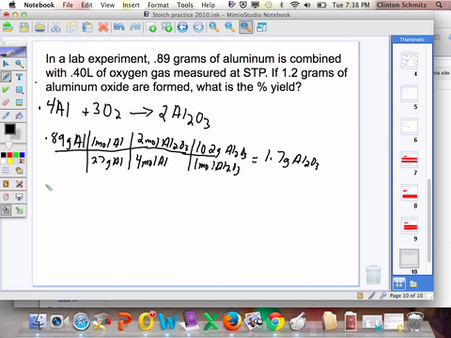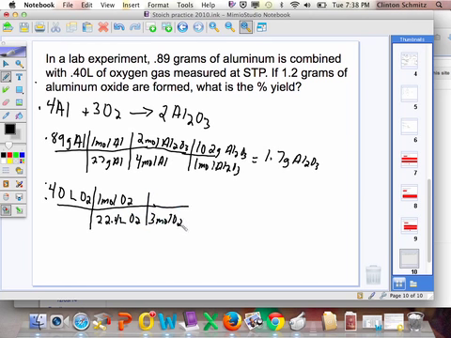Now we're going to deal with the oxygen. So with oxygen we have about 0.40 liters of oxygen gas. Since we're doing it at standard temperature and pressure, we can use the fact that for every 1 mole of O2, you would have 22.4 liters at STP. Then we're going to do the mole ratio.